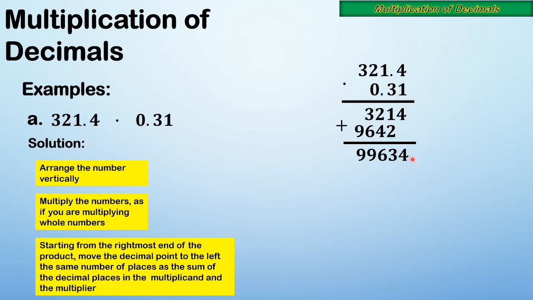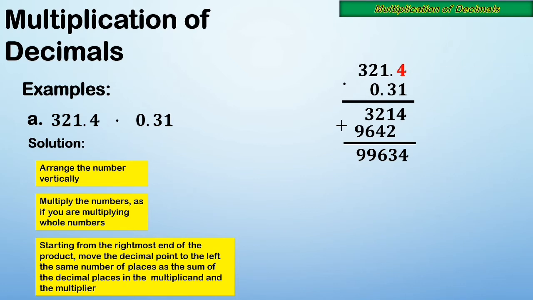From the rightmost end of our product, we will count 3 decimal places. Let's count: 1, then 2, then 3. We move 3 decimal places to the left for the decimal point.